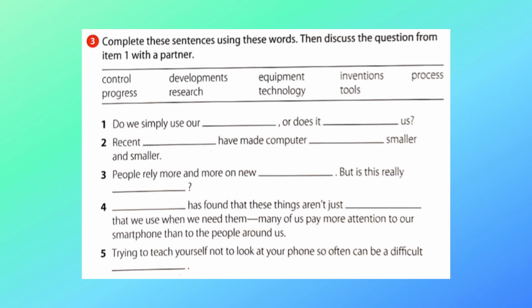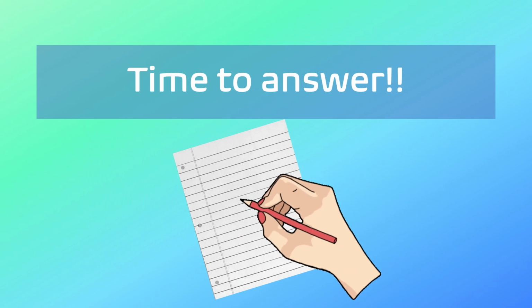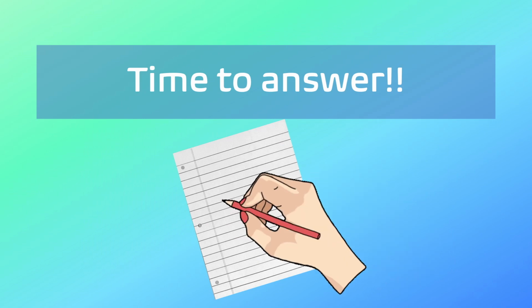Blank has found that these things aren't just blank, that we use when we need them. Many of us pay more attention to our smartphone than to the people around us. And number 5. Trying to teach yourself not to look at your phone so often can be a difficult blank. Now, time for you to answer.